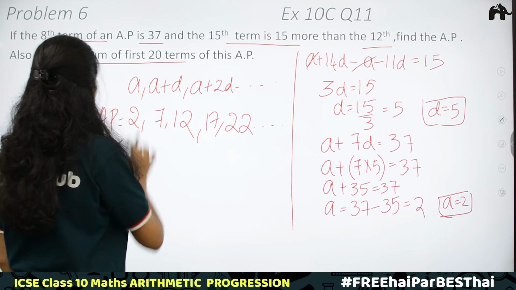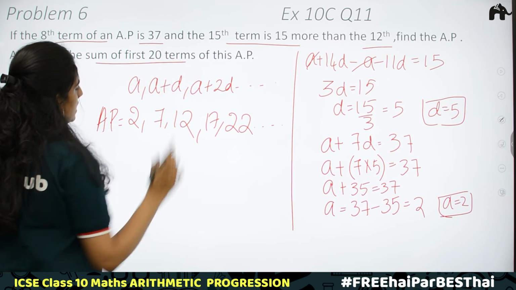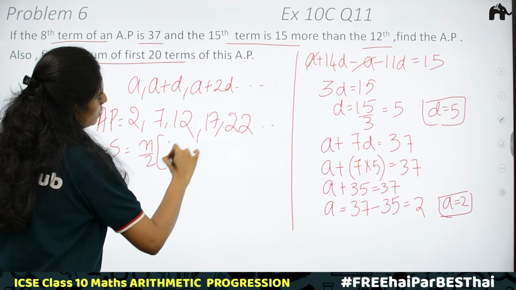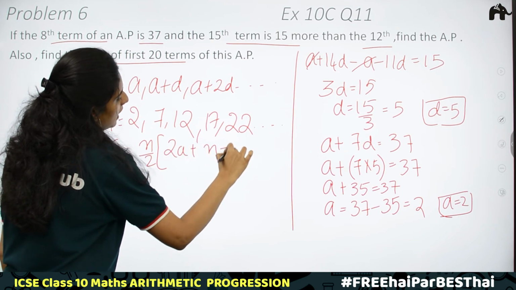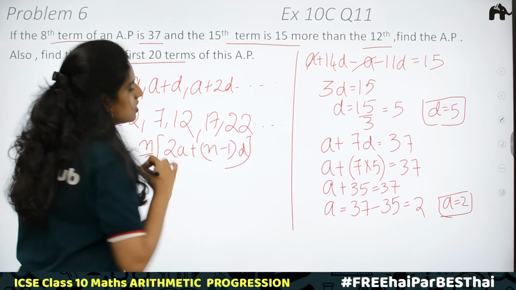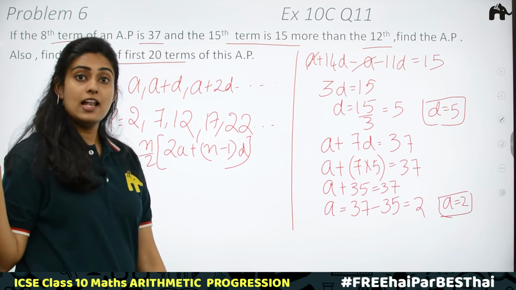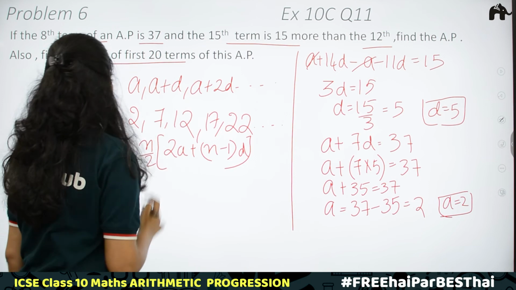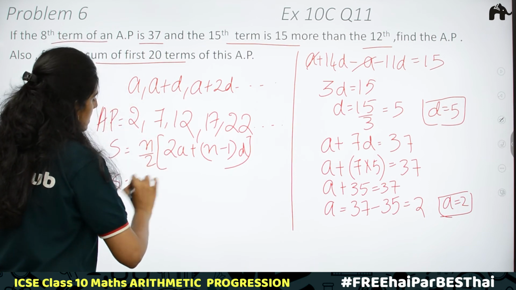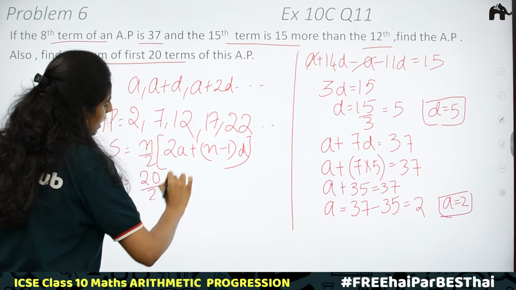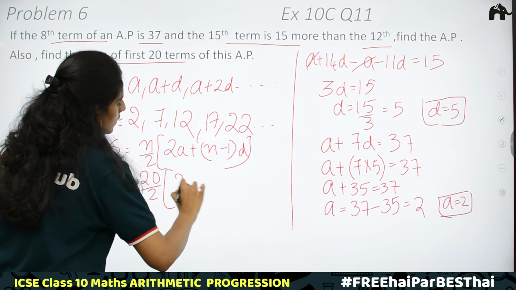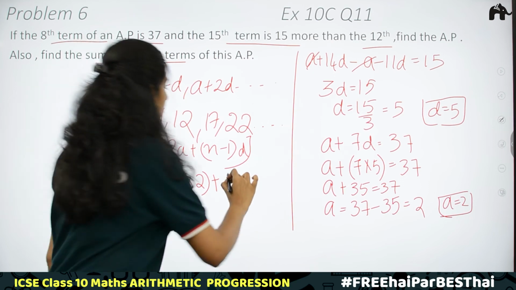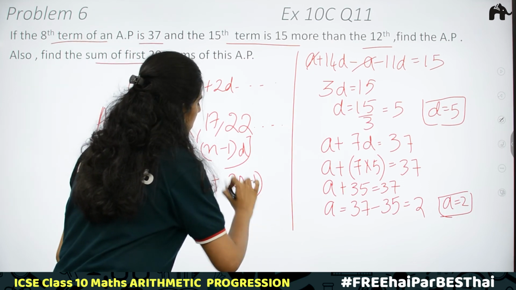We need to find the sum of the first 20 terms. S is equal to n by 2 into (2a plus (n minus 1) into d). We cannot use the other formula because we don't know what the last term is. We know the number of terms, which is 20. Substituting, S is equal to 20 divided by 2 into (2 into 2, plus (20 minus 1) into d).